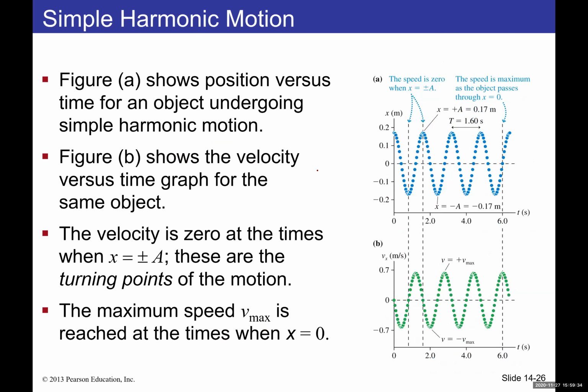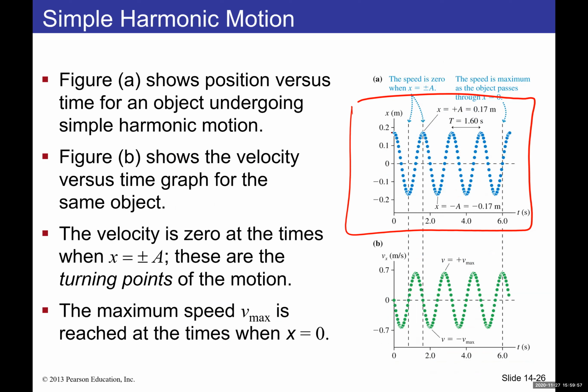All right, so this is a graph that represents simple harmonic motion. In a minute, I'm going to show you a nice simulation of the spring going back and forth. If you plot this as a function of time, you do get a sinusoidal graph like that. Figure A here shows the position versus time graph.